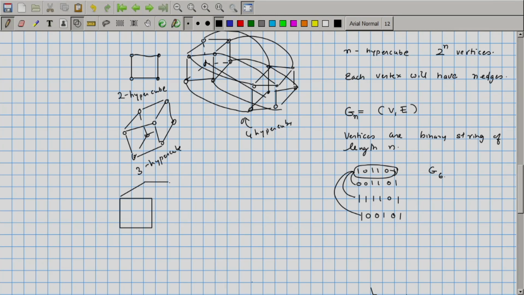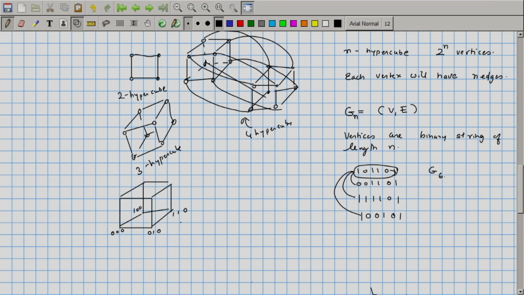If you think of this as the unit cube, this is the vertex 0 0 0, binary string 0 0 0, this we can think of as 0 1 0, this is 1 1 0, and this we can see as 1 0 0.